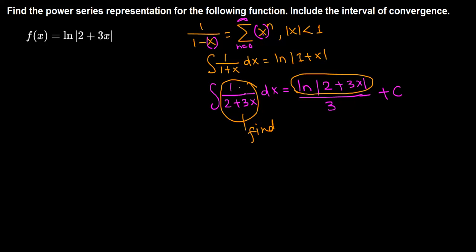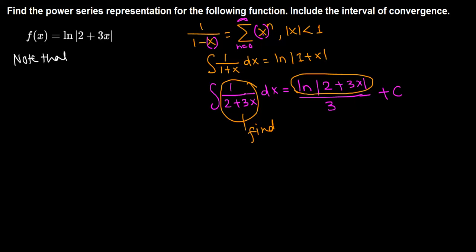Done. By the way, 1 over 2 plus 3x is in the form of 1 over 1 minus x. We can change this into 1 over 1 minus x and we are good. So we start with the power series of 1 over 2 plus 3x in this way.